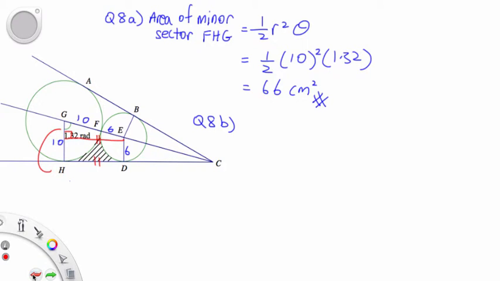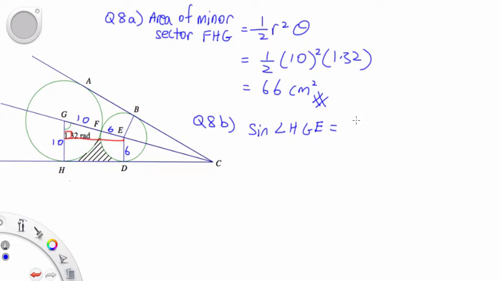Let me first erase off those that are not needed. So to find the length of the red color line, because I have a right angle triangle, same thing, recall, always take a look whether you can use SOH CAH TOA to find. For this case, you can use sine of angle HGE.